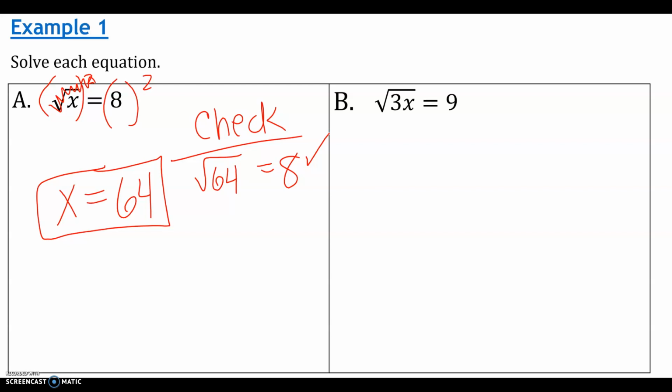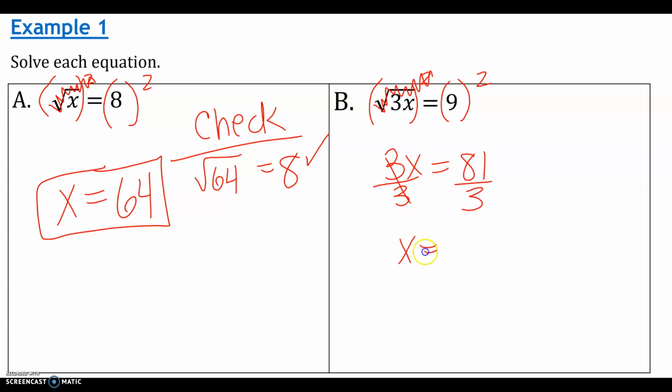You have no extra numbers around the radical, so you need to square both sides. You're going to get 81 on one side, and by squaring, you're eliminating the radical, and all you have is 3x. This becomes a normal equation. Divide by 3, and I do believe x equals 27.